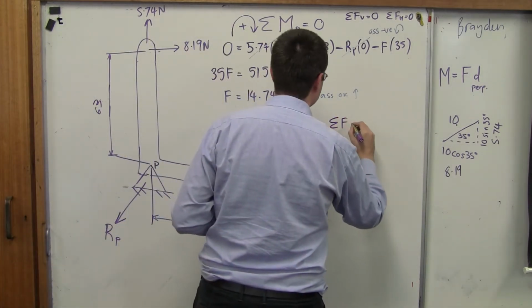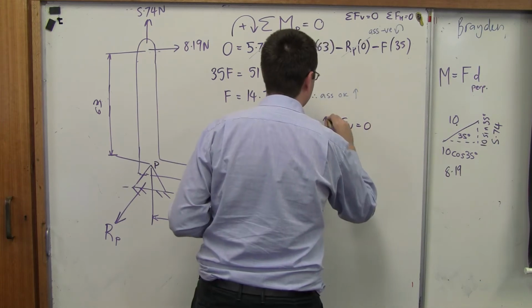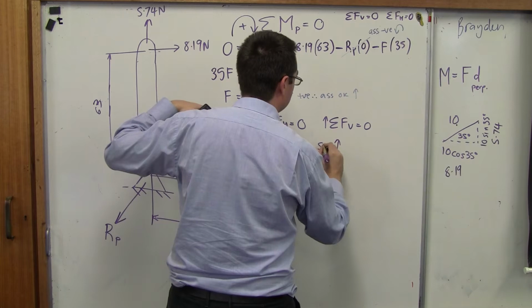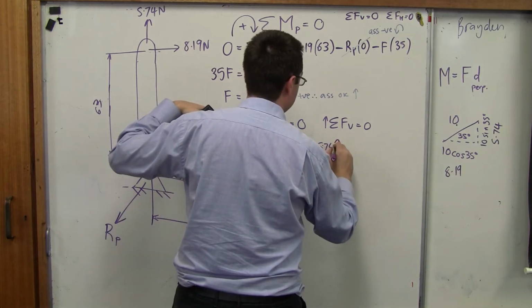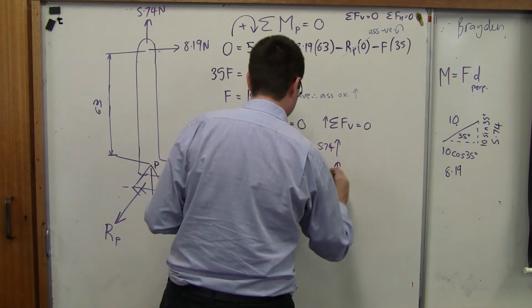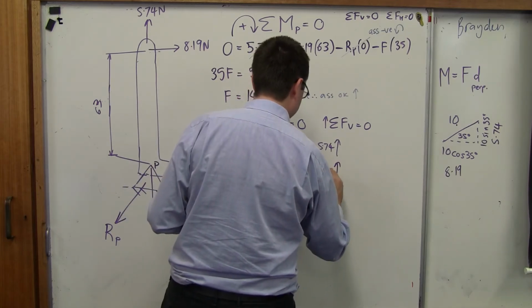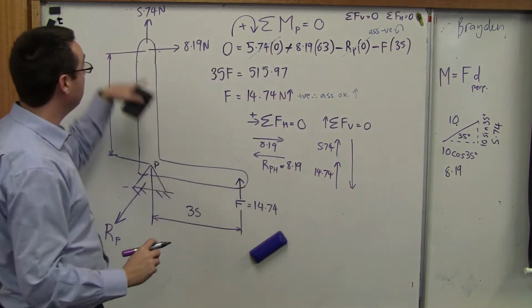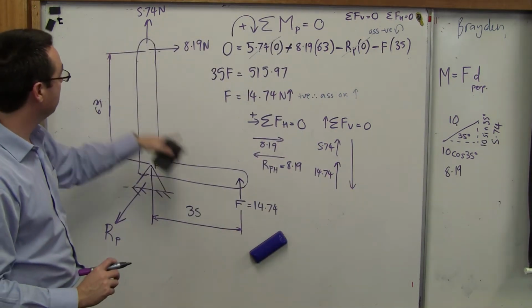So what about our vertical forces? The sum of the forces vertically equals 0. Okay, well, let's have a look. We've got 5.74. We've got 14.74. And we obviously have to have something to balance those two. We've got that pushing up, that pushing up.